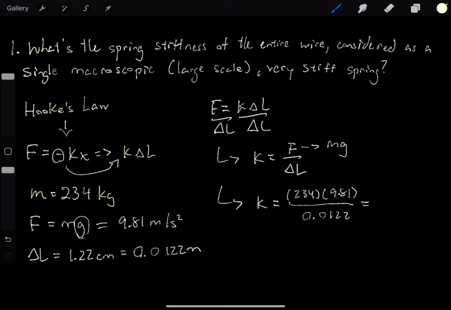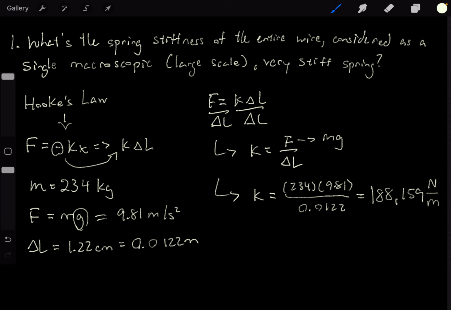And when we calculate that, we get 188,159 newtons per meter. So that is how you solve question 1.